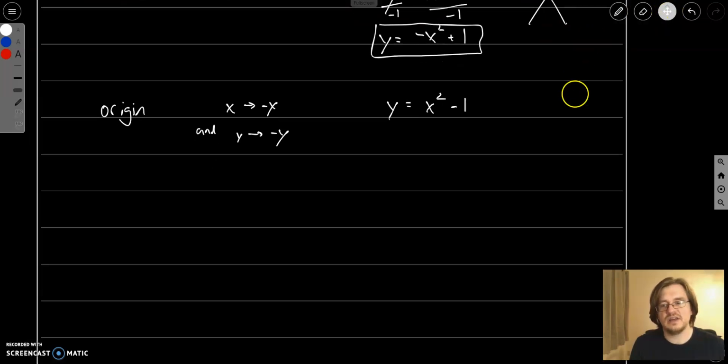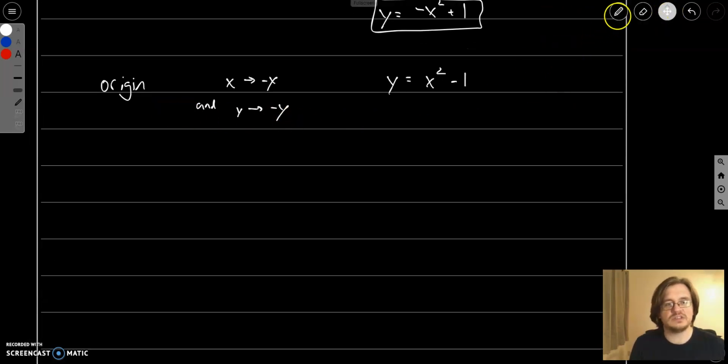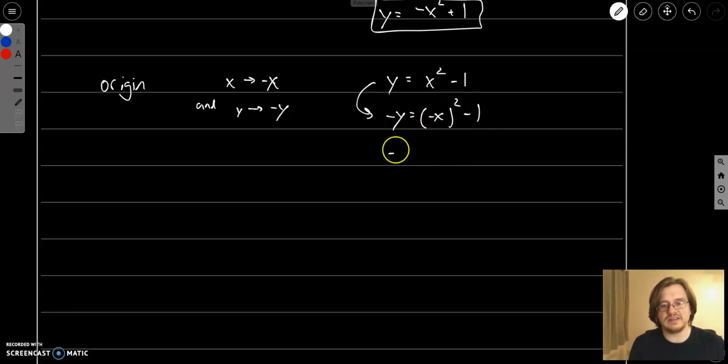The last one is the symmetry about the origin, which is the rotational symmetry, rotating it halfway around. To do this, we look to see if we get the same graph if we exchange x with negative x and y with negative y. So let's make these exchanges. Y becomes negative y, x becomes negative x. When I multiply this out, I still have the negative y.